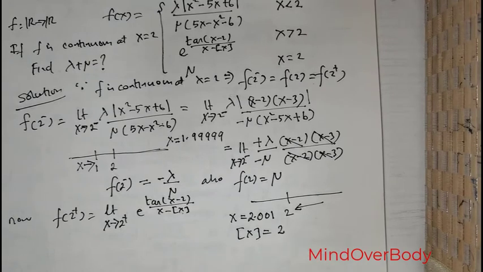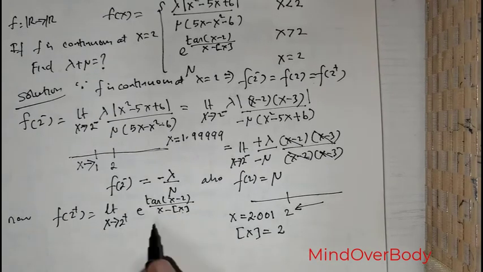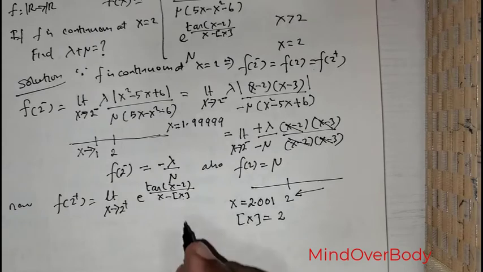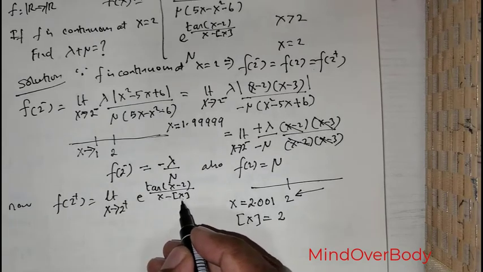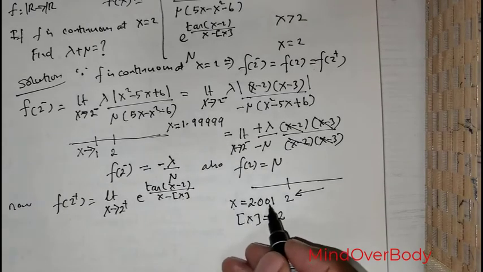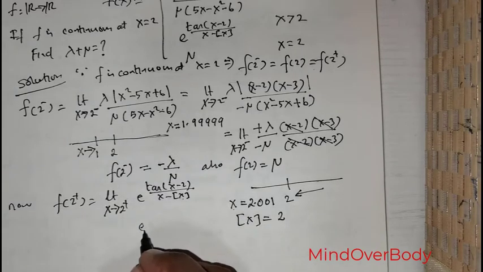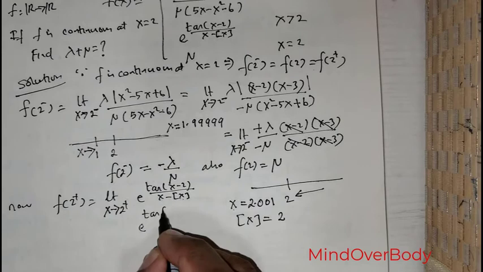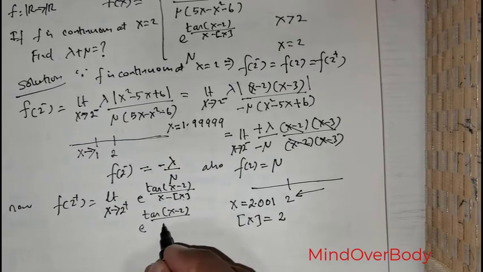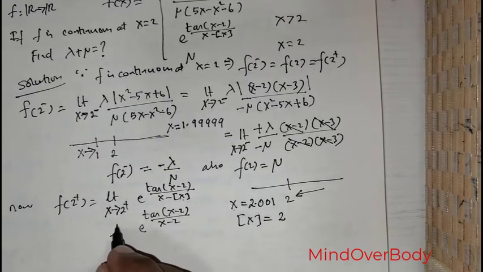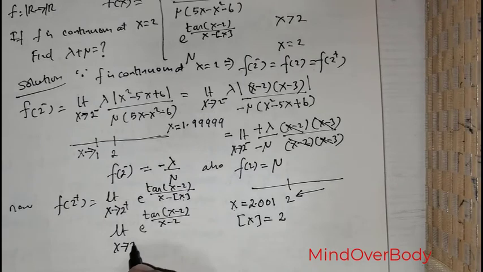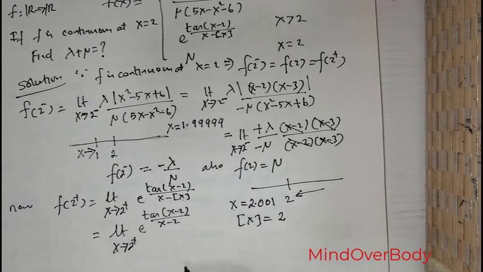Which would be 2, right? So remember, whenever you have a greatest integer, you will have to assign a value for x, find out the greatest integer of x and then substitute it here. So this is going to be tan of x minus 2 divided by x minus 2, with limit x tending to 2 plus.